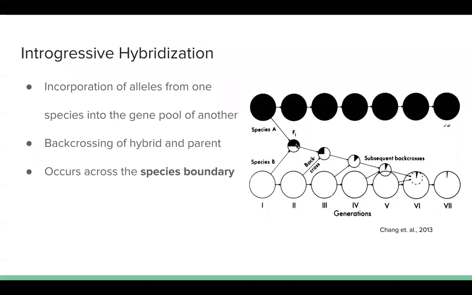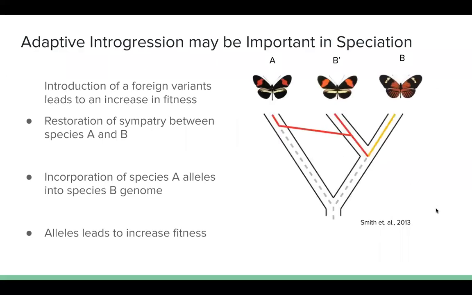So in this case, they're backcrossing with species B. And eventually the alleles from species A that were in those hybrids become incorporated into the gene pool of the other species, species B. And so this introgression may be important in speciation.